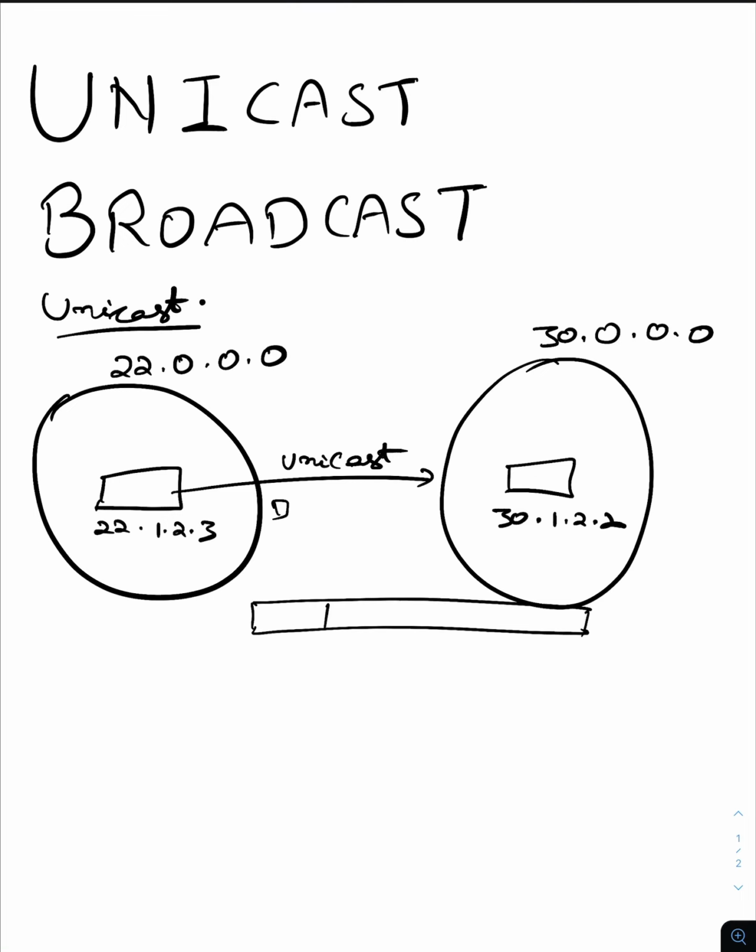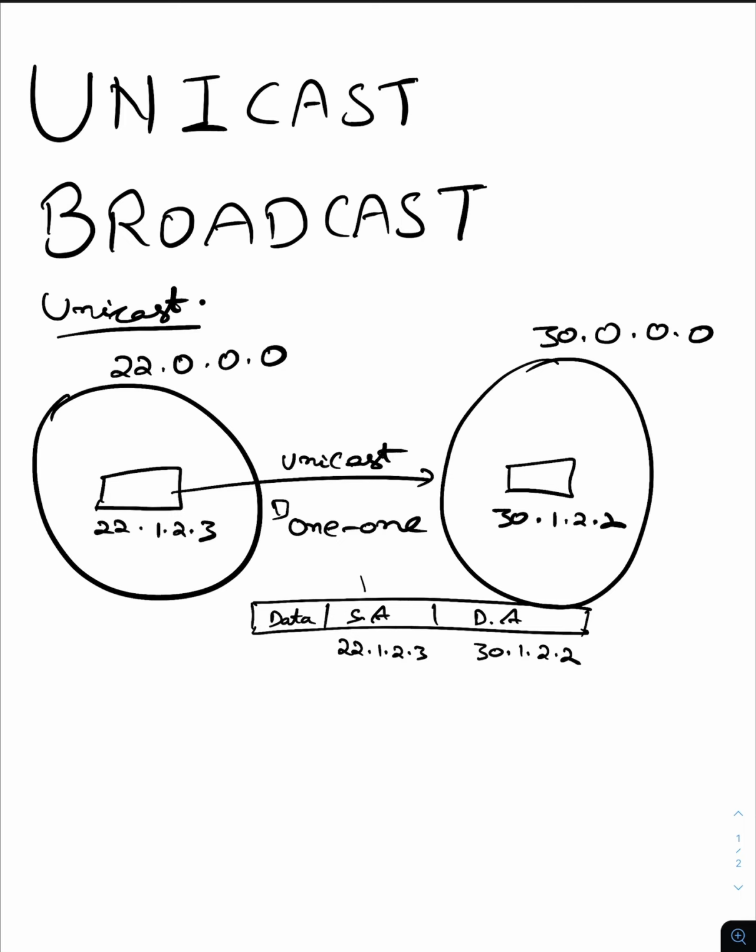Then it's a unicast. It's a source address and a destination address. Your source address is 22.1.2.3, and your destination address is 30.1.2.2. So you're sending a packet from the source address to the destination address. It's one to one.